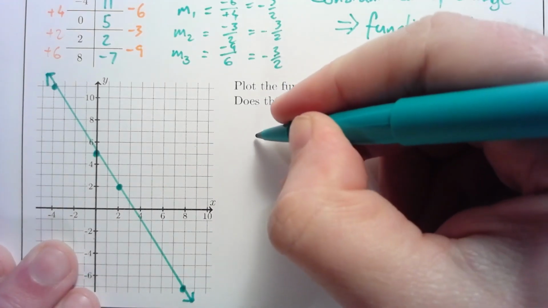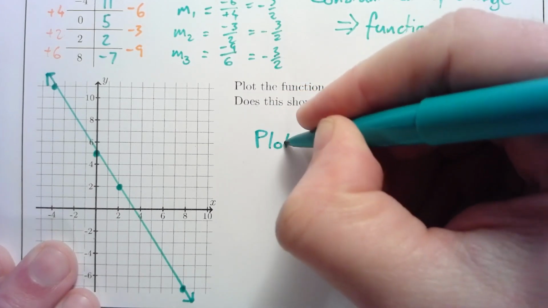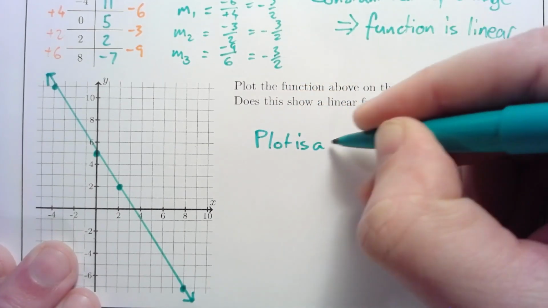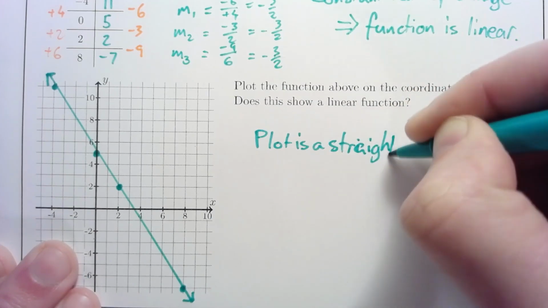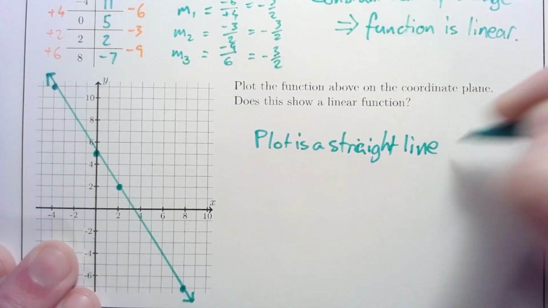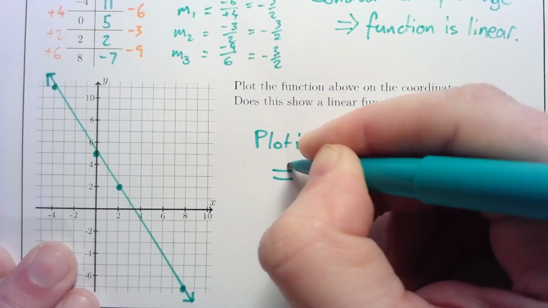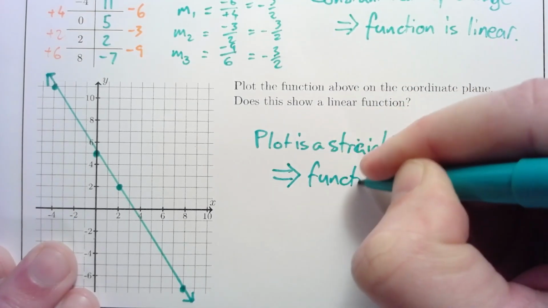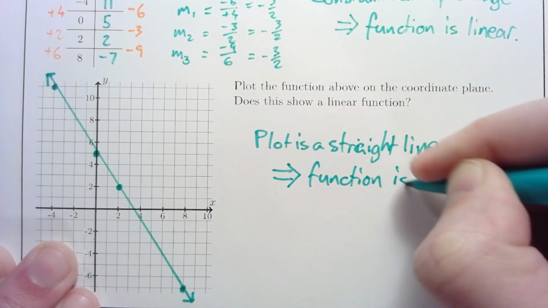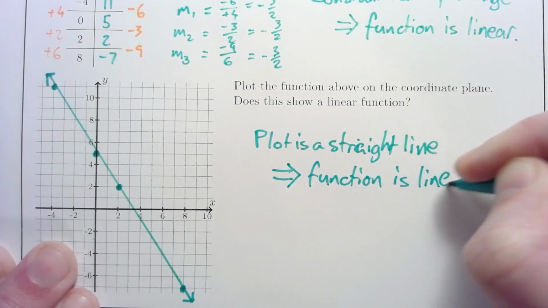So, the plot is a straight line, and we know the drill by now, which means the function is linear.